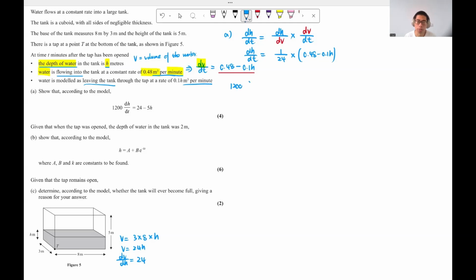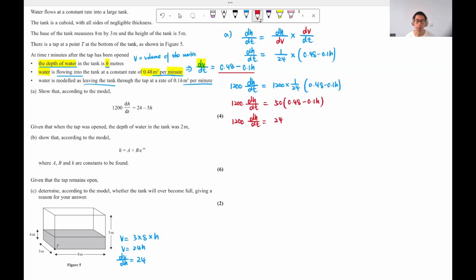So 1200 dH over dt is equal to 1200 times 1 over 24, times 0.48 minus 0.1 h. Simplify that: 1200 times 1 over 24 is equal to 50. So 50 times 0.48 minus 0.1 h. 50 times 0.48 is obviously 24.